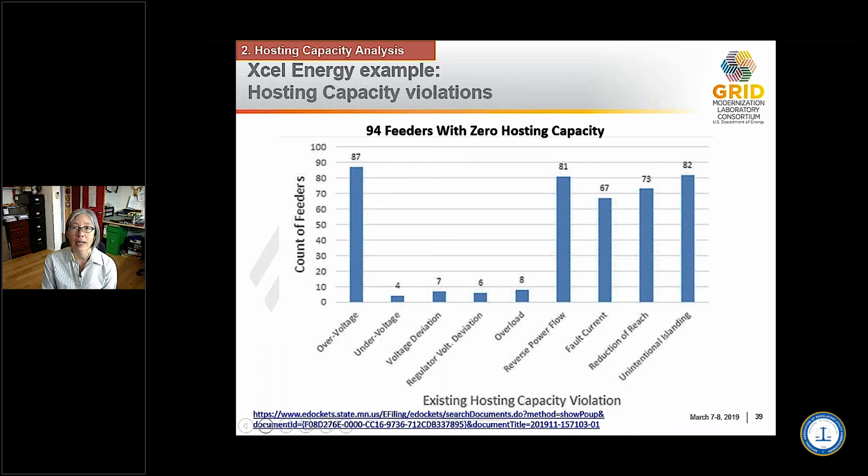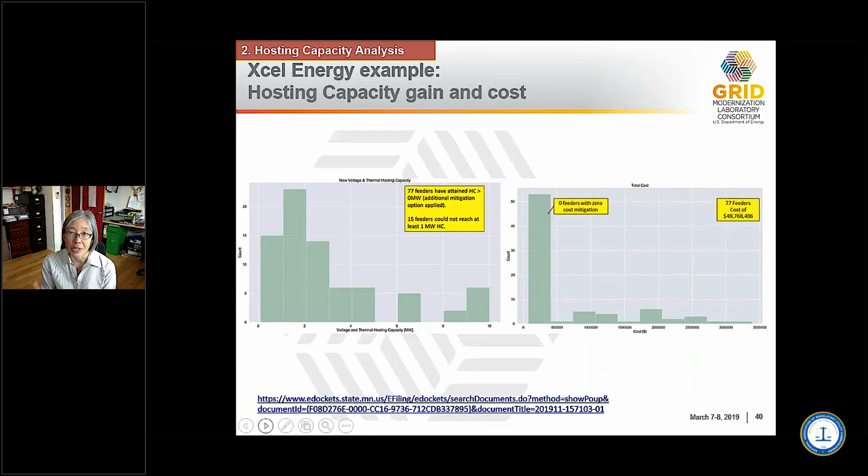If you go to the next slide, Carrie, this shows the result. So I probably don't have a huge amount of time to go into this in great detail, but the left side is showing that when they addressed their voltage and their thermal problems, they were able to free up a good amount of hosting capacity in many of their feeders.